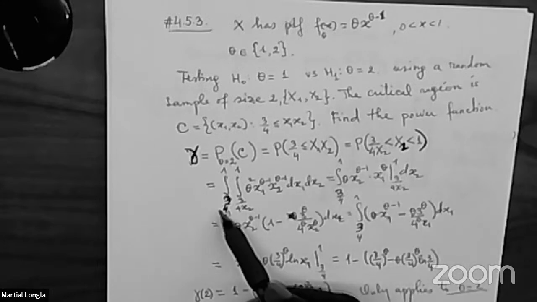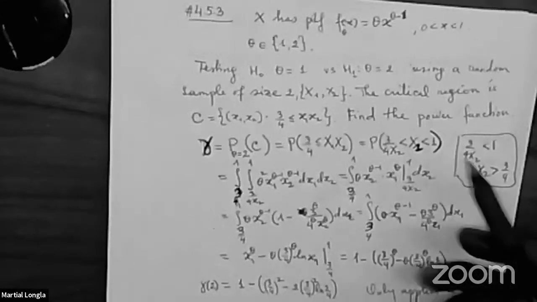But where is this one coming from? You've got to know that if it's written like this, then 3/(4x2) is less than 1. Therefore, x2 is larger than 3/4. That's why. It's not just a claim, it's from the formula that is written here.